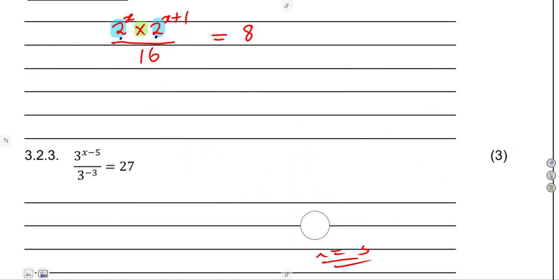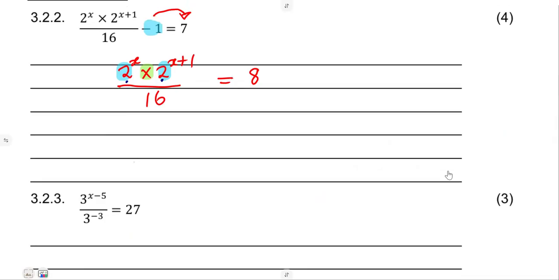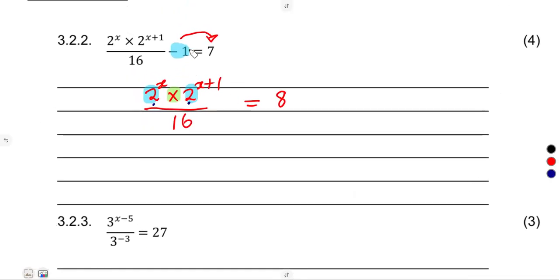We could have, from this original part here, taken the minus 1 to the other side, which is okay. So this is another way that we could have answered this. At this stage, you can see that 8 is the same as 8 over 1, a fraction like what we can see on that side.